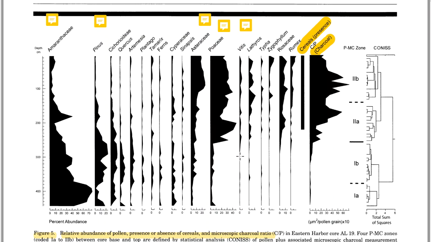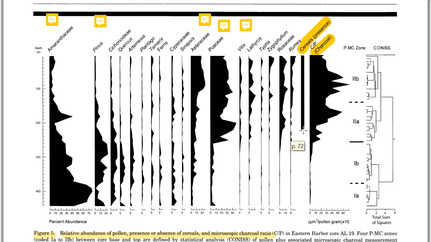And grape pollen usually indicates people farming. And so down at this earlier period, you've got natural plants growing. You have no vines, no grapes being grown. And then another important one that I've highlighted over here is cereals.